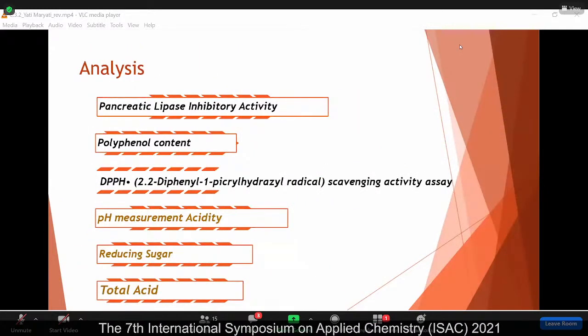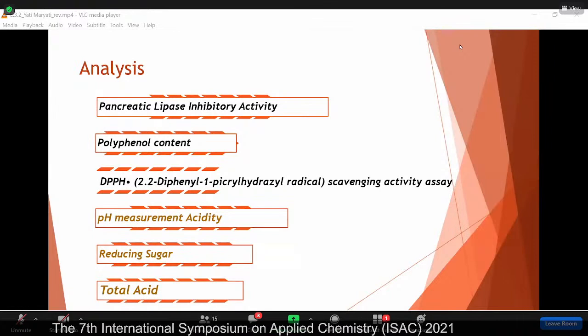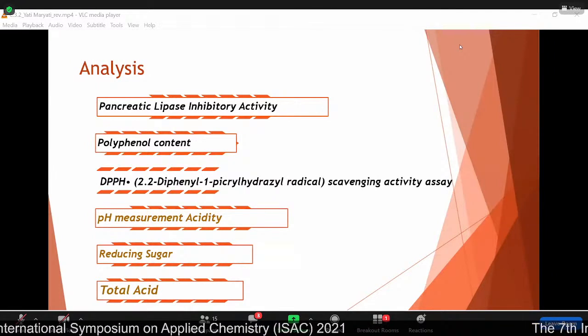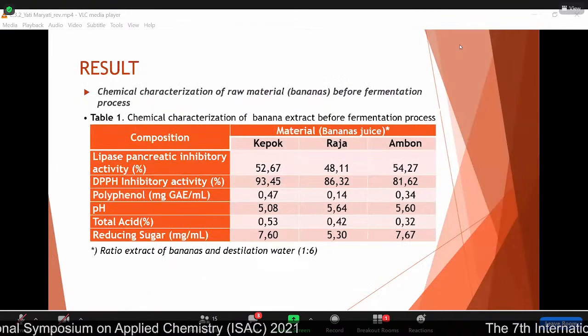Then the fermentation result of each banana beverage was analyzed in terms of pancreatic lipase inhibitory activity, determination of polyphenol content, determination of scavenging activity assay, pH measurement, acidity, reducing sugar, and total acid.